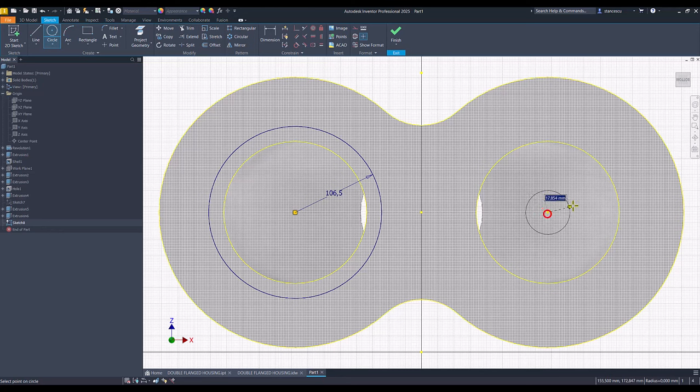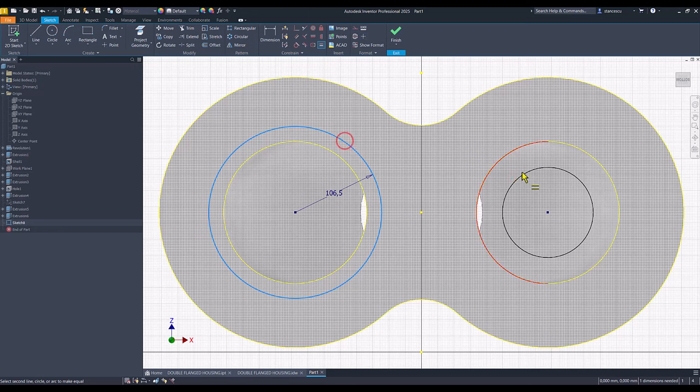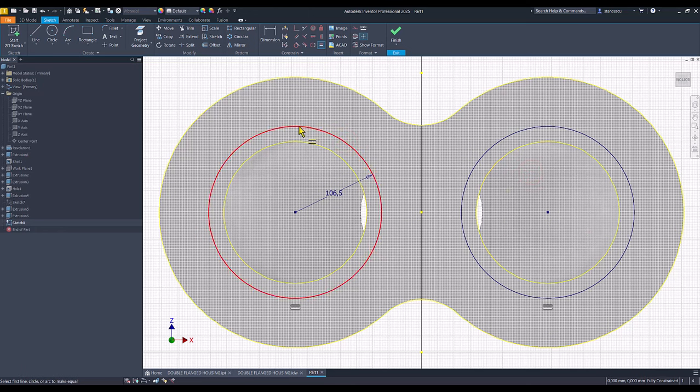Here another circle equal to the other one. An arc between these two. I catch a tangent, at least one tangent, this one, and I place the other tangency to the other circle. Radius 96.